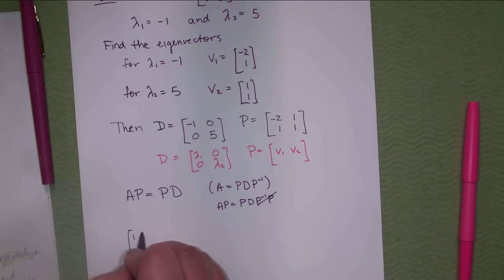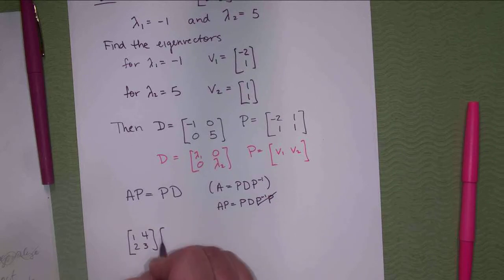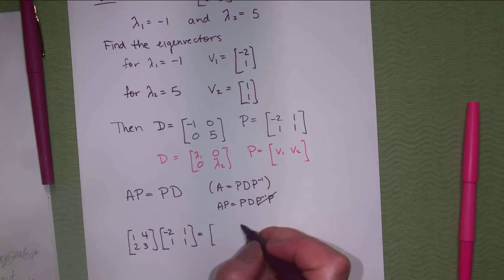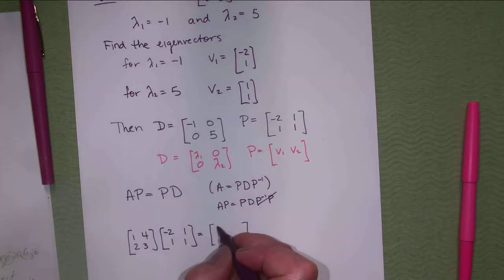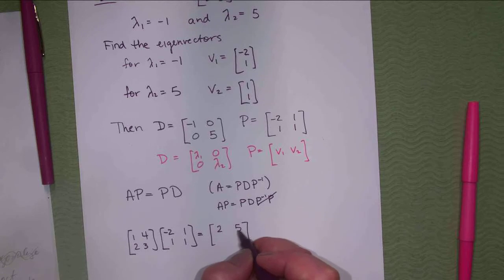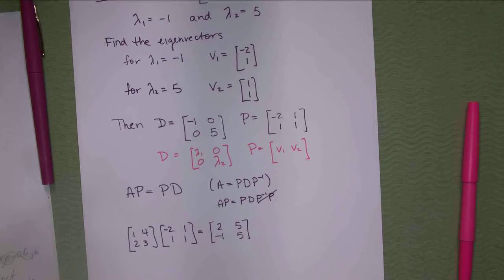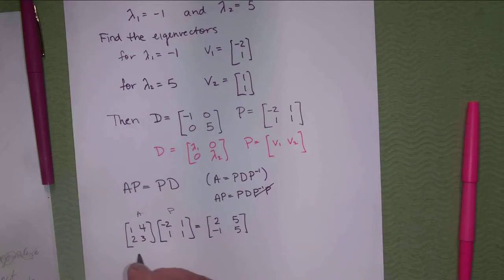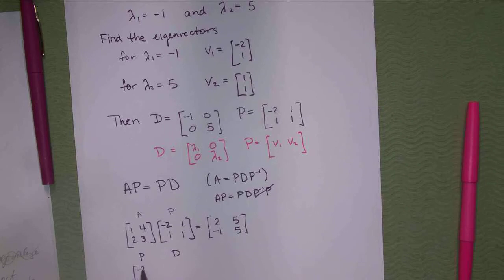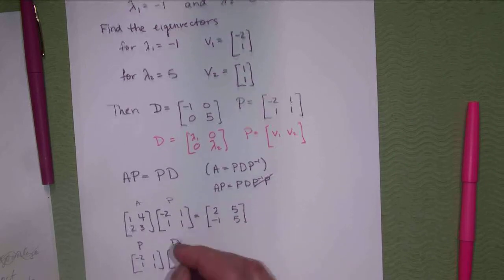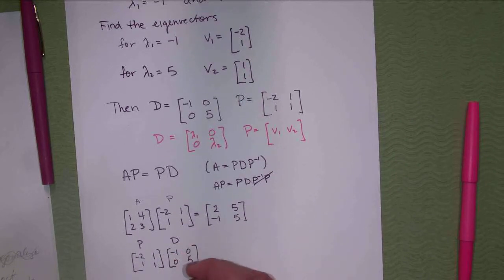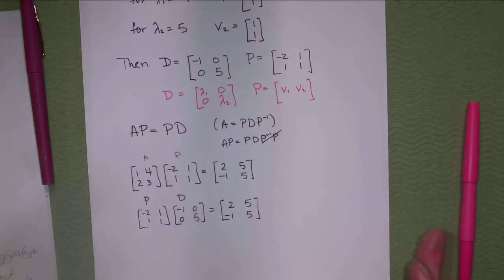So you do A times P, multiply those, and then do P times D. And you should get the same thing.